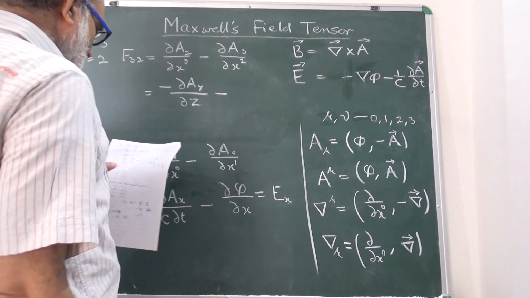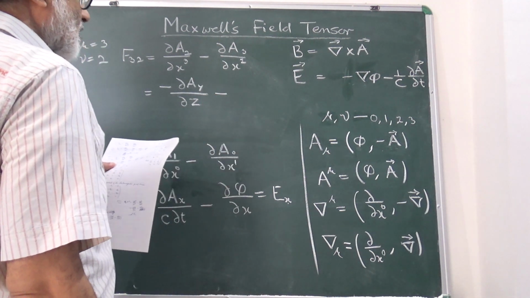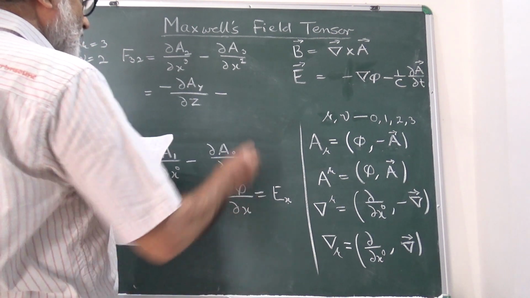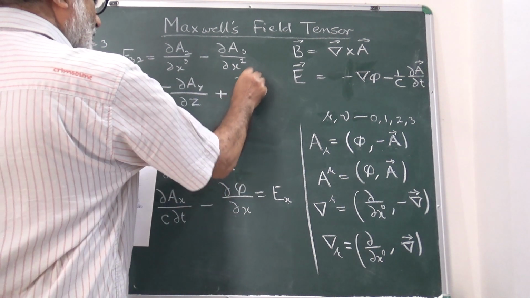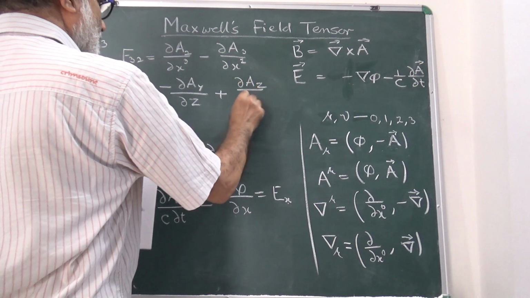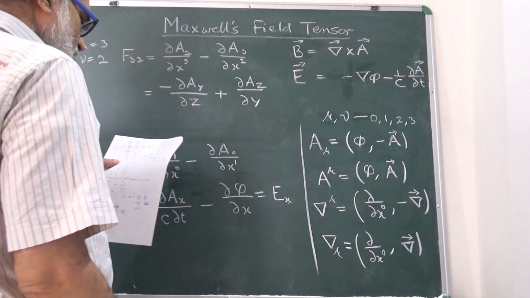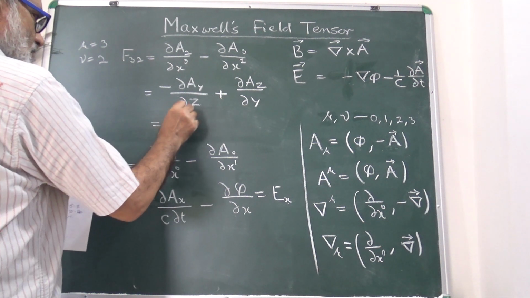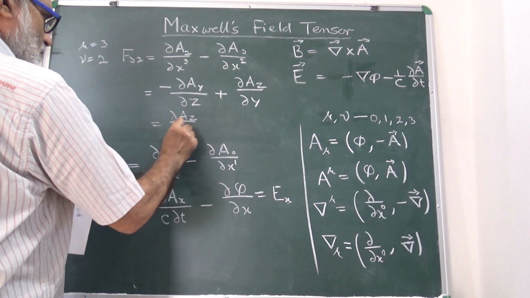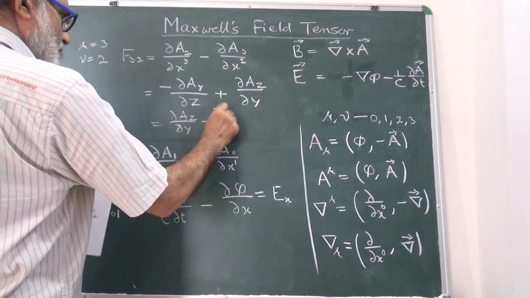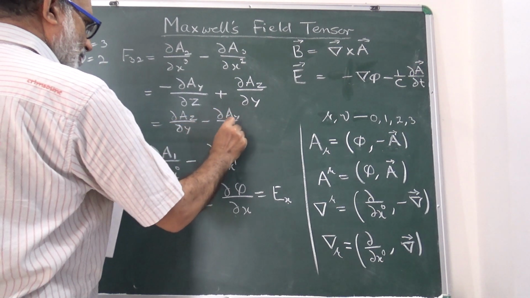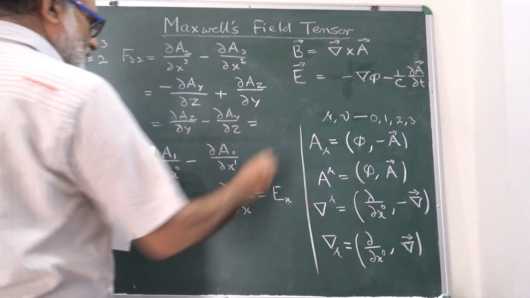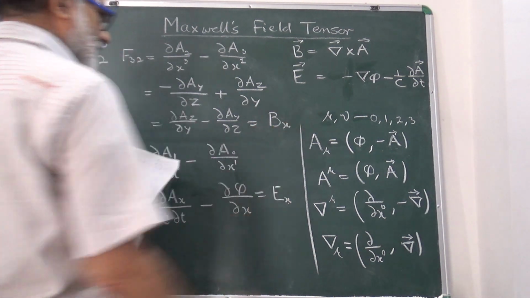Minus del A3. Del A3 will be del A_z by del y. So this is the x component.